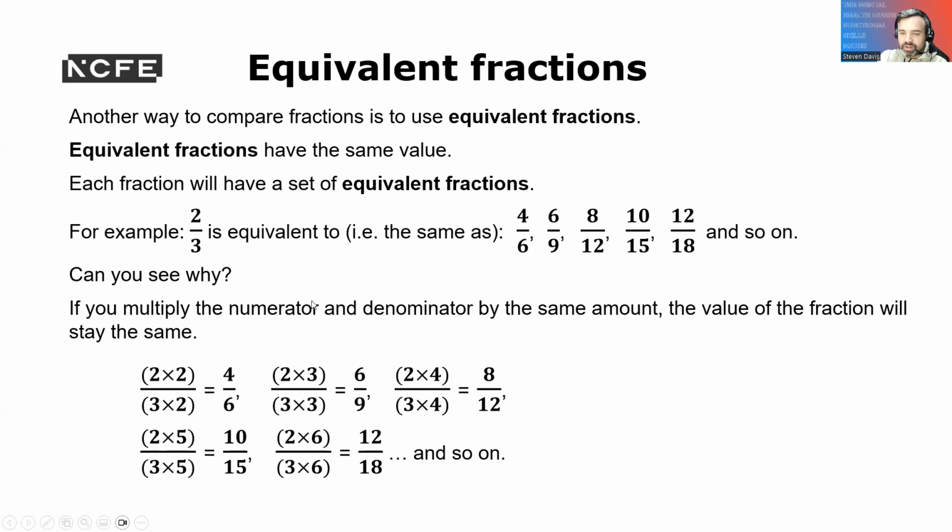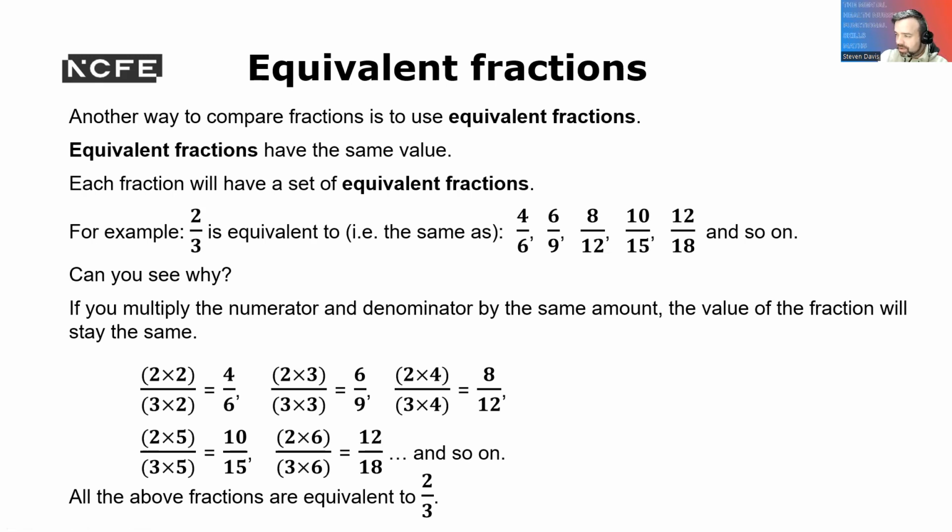So if you multiply the numerator, this one, and the denominator, this one, by the same amount, the value of the fraction will stay the same.